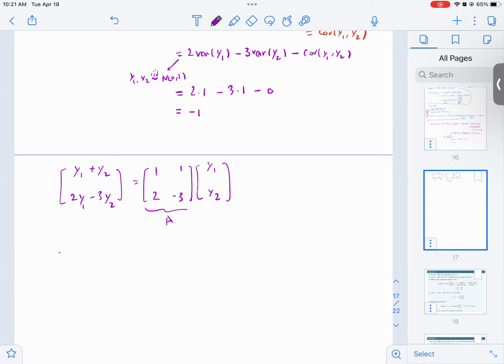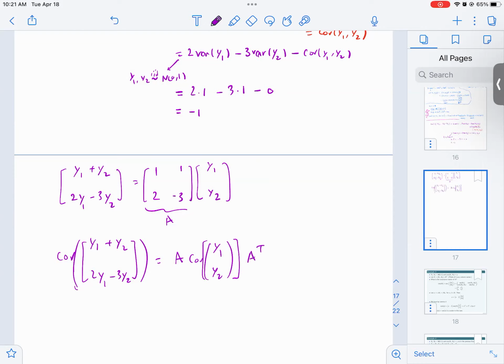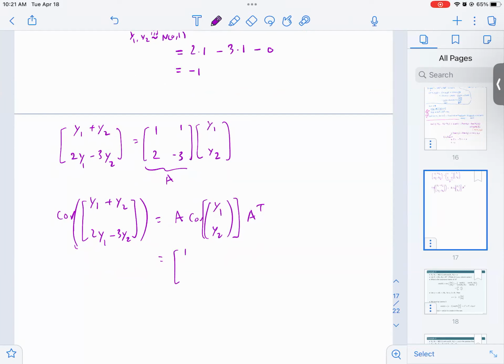So now the covariance of y1 plus y2 and 2y1 minus 3y2 is going to be A times the covariance of y1, y2 times A transpose. So I get 1, 1, 2, negative 3, and then the transpose of this, which is 1, 1, 2, negative 3.